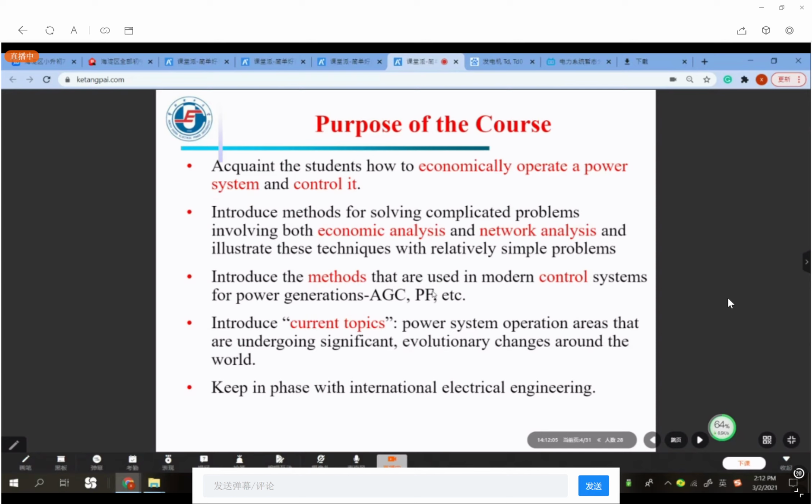Maybe if the active power source is larger than the active power load, the frequency will be larger than 50 Hz. So that means we have to reduce the power source and increase the power demand. And by the AGC control strategy, the system will approach a new balance point.